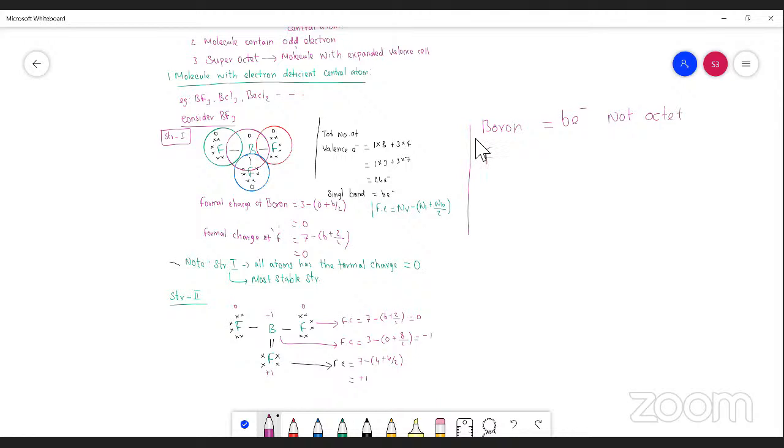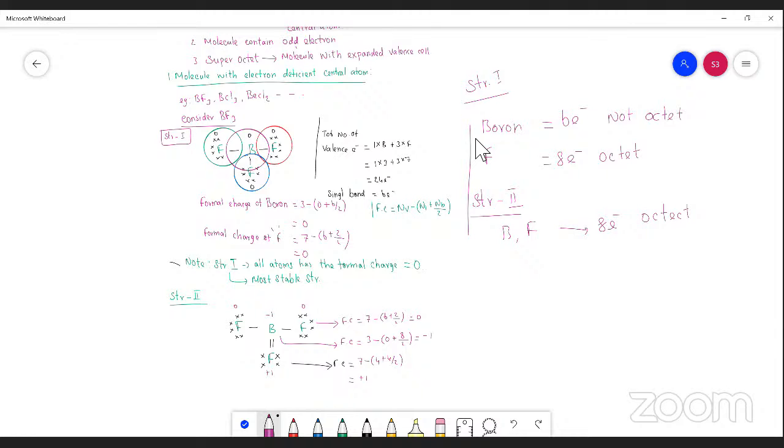And here fluorine has 8 electrons, so it is an octet. Correct? In structure 2, boron and fluorine all have 8 electrons and it is an octet.